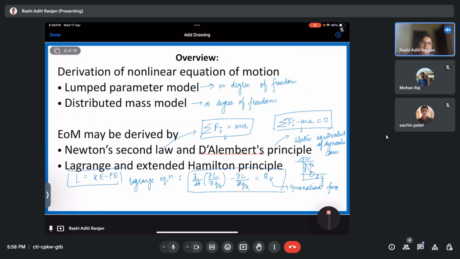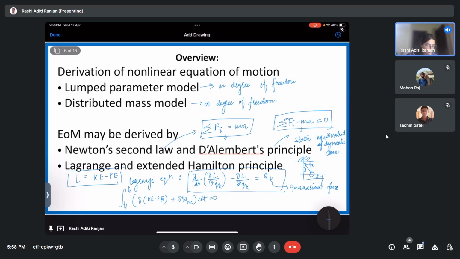So in that case, we use extended Hamilton's principle, which says that we integrate from T1 to T2, delta of kinetic energy minus potential energy, plus delta W NC, into dt, is equal to 0.